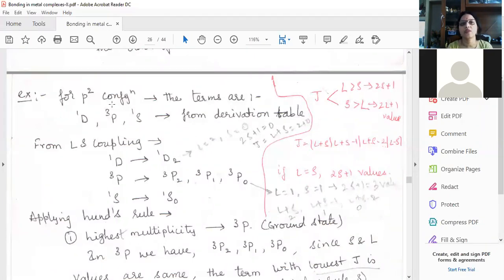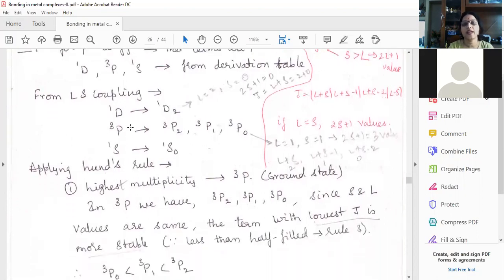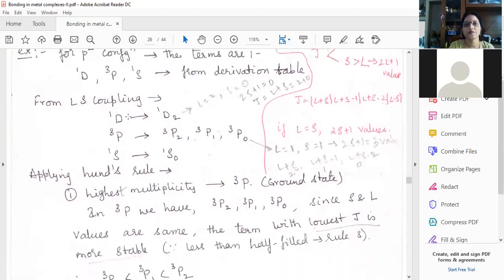Now look at the P2 configuration. For the P2 configuration, I know that the terms are singlet D, triplet P, singlet S. This I have got from the derivation table. Now from the LS coupling, singlet D has only singlet D2. Here we are writing with the J values also, which we have already done.